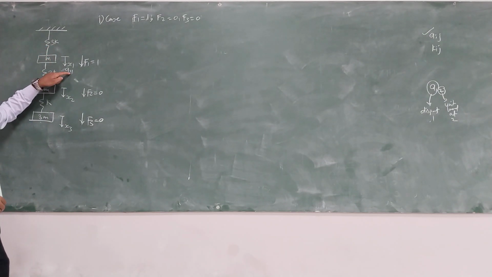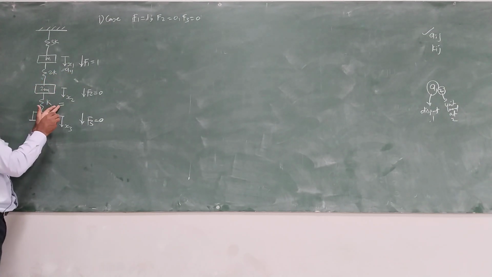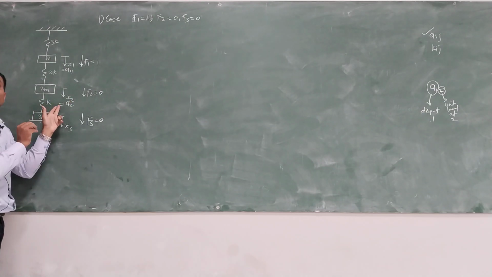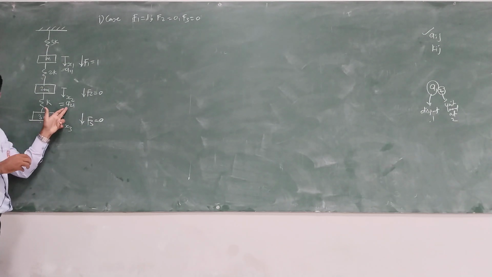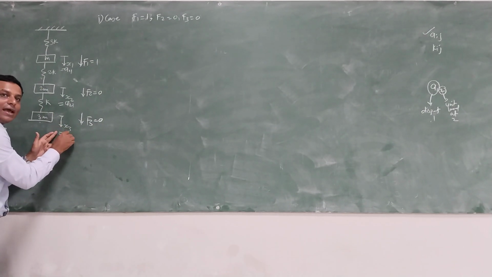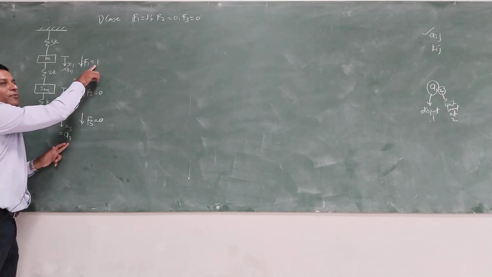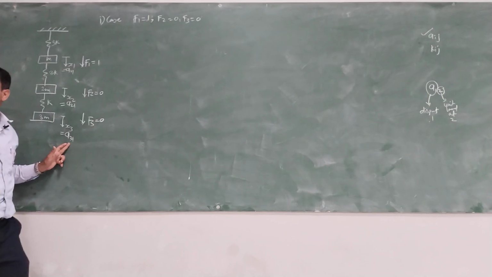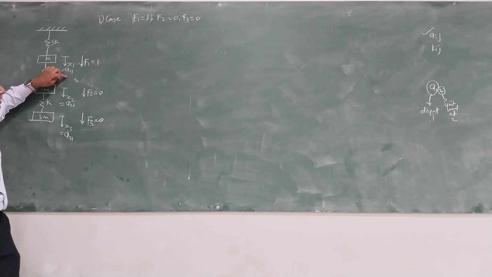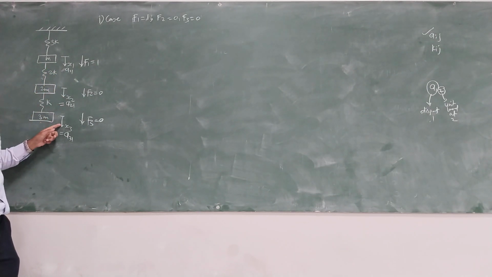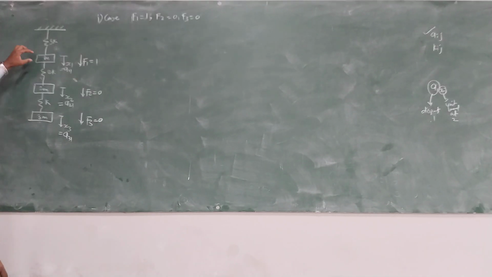Then x2 is the displacement at 2, but the unit load is at 1, so it will be A21, and x3 will be A31, displacement at 3 because of unit load at 1. So when we consider this first case, x1 will become A11, x2 will become A21, and x3 will become A31. Did you understand? Now we'll have to draw the FBD.